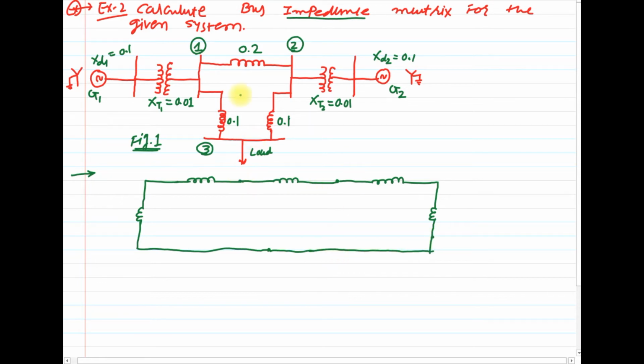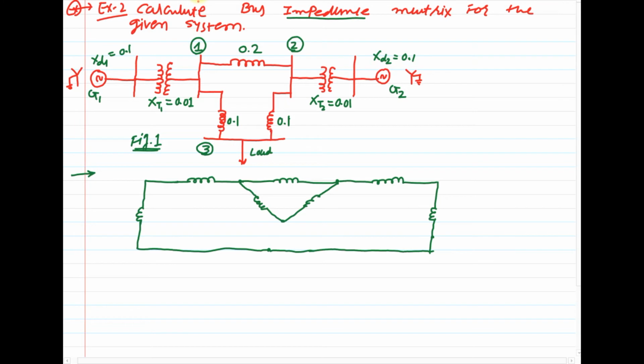And here one more thing, bus number 3 or node 3 with some line impedance from 1 to 3, and here from 2 to 3. So this is your simplified diagram, or simply your positive sequence diagram from figure number 1.